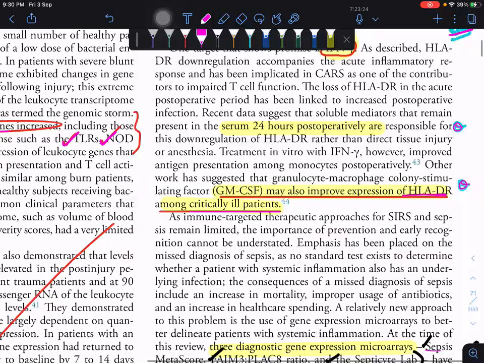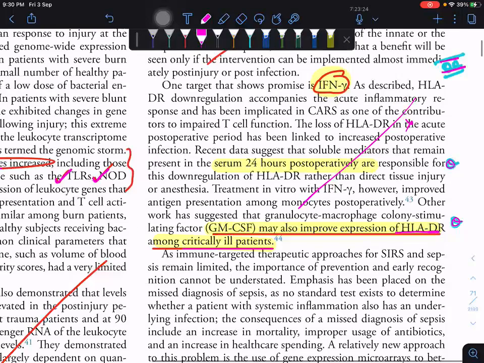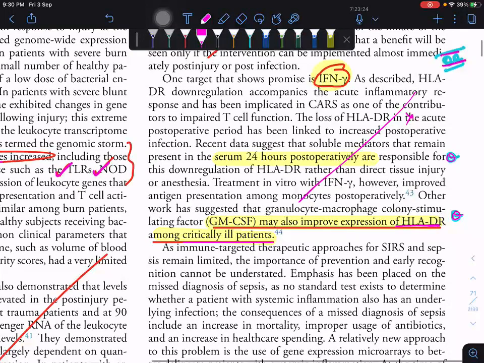No need to go much deeper. Just remember one promising drug, IFN gamma. It is involved in overexpression of HLA-DR. The downregulation of HLA-DR is very much a problem. The overexpression of HLA-DR is good in case of critically ill patients.